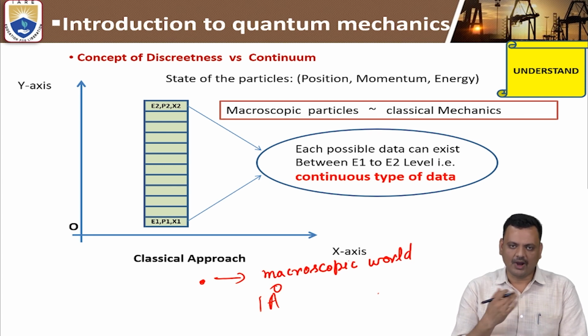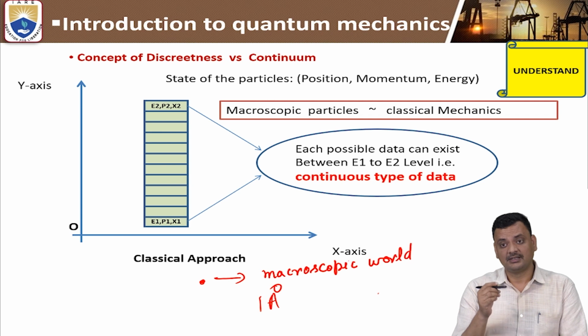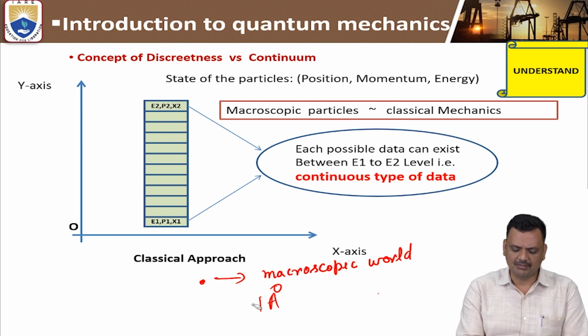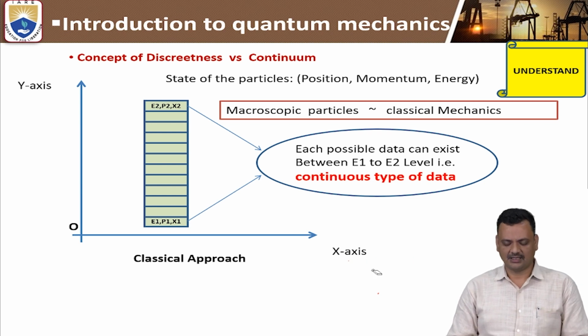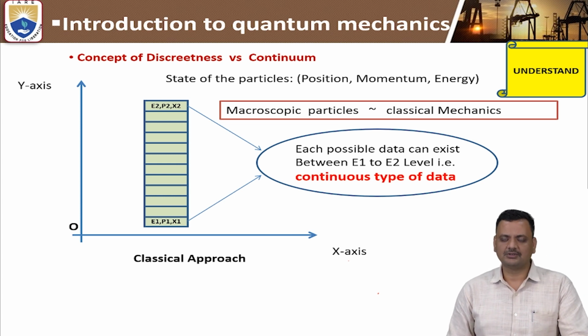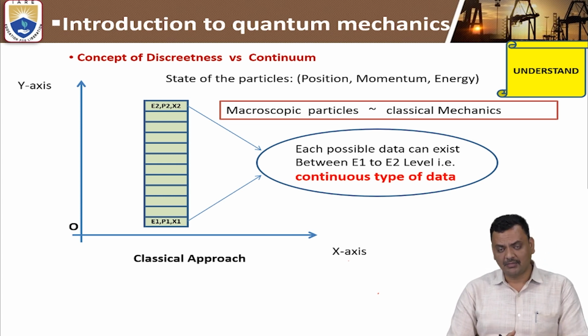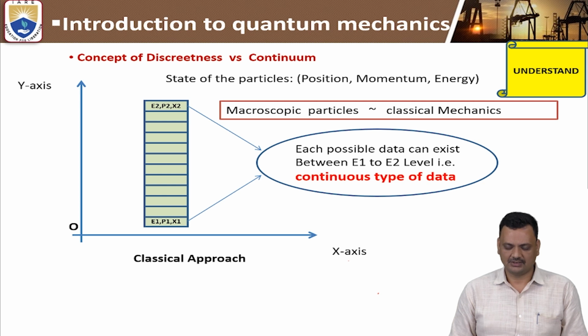You will require a new kind of theory, known as quantum mechanics, to deal with all the phenomena which happen at the subatomic level. So the macroscopic world is dealt with by the classical approach, but at the microscopic or subatomic level we require quantum mechanics.